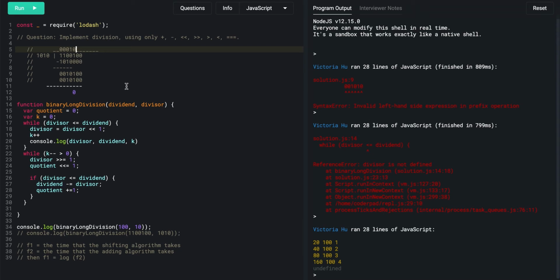And as a result, we're going to add 1 to the quotient again, because the divisor is less than or equal to the dividend.